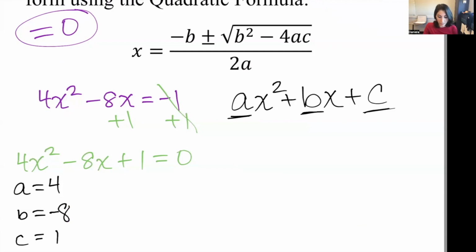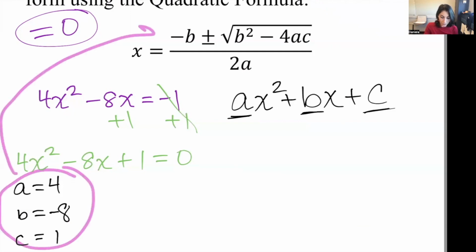Now, what's really nice about identifying A, B, and C so clearly is that you can just pop them right into the formula. Let me do it in blue. So -b means doing the opposite sign, right?